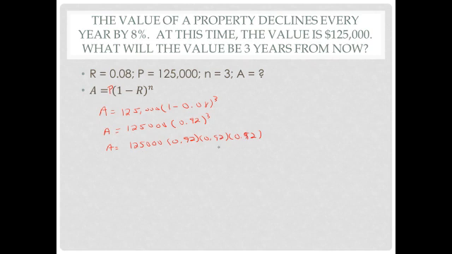So I can expand it out like that, and then multiply 125,000 times 0.92 times 0.92 times 0.92. And when we calculate that value, we find that the house value will be $97,336 after 3 years if it depreciates 8% each year.